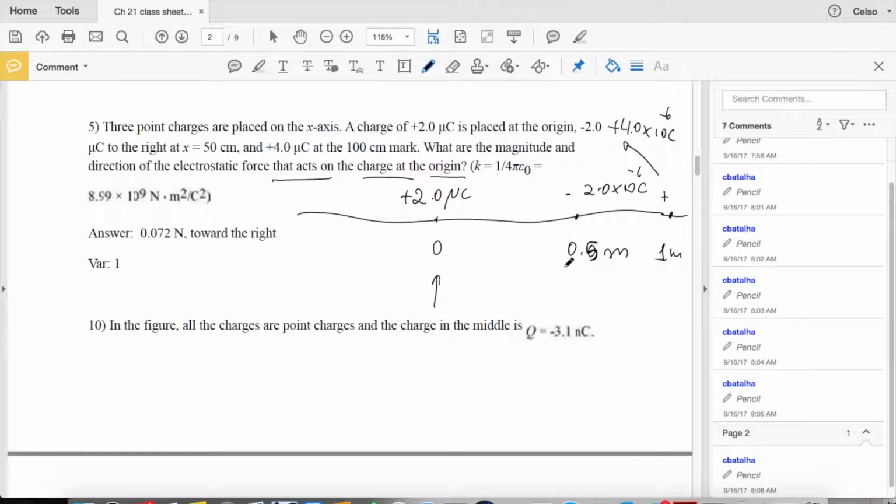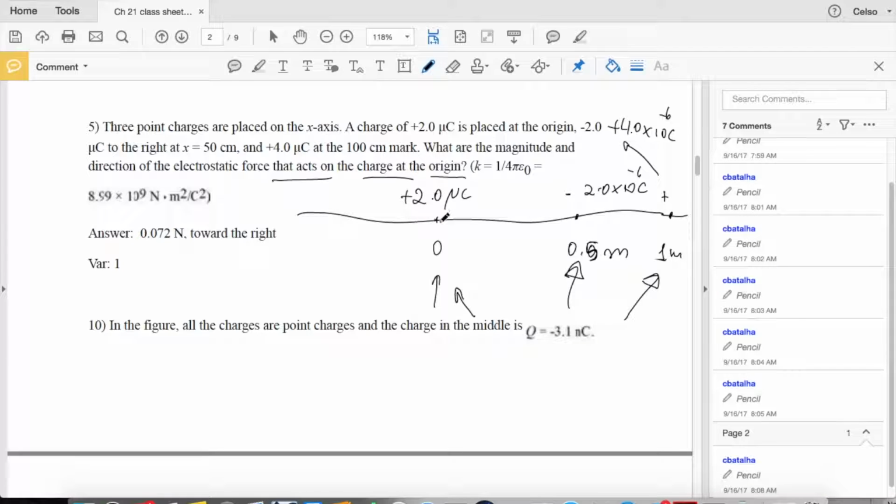So some students sometimes get confused because they forget the concept learned in Physics 4A. When you do a free body diagram on a charge, forces are superimposed. So you don't need to find out what's going on here or there to figure out what's going on here.